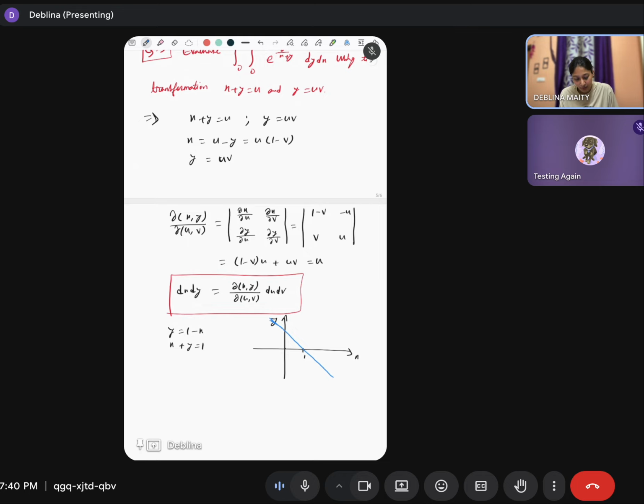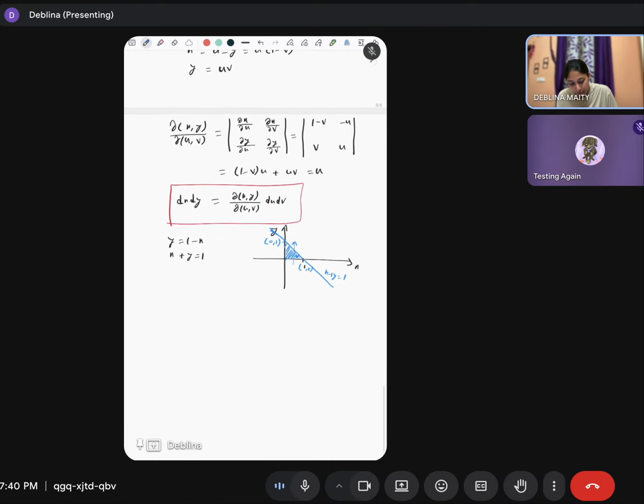This is the x plus y equals 1 line, x by 1, y by 1. So this point is 1, 0 and this point is 0, 1, right? And y runs from 0 to this point. So if we see in this direction, this is this region, right? Here y is 0 and at this point y is 1 minus x. So this region we are considering.